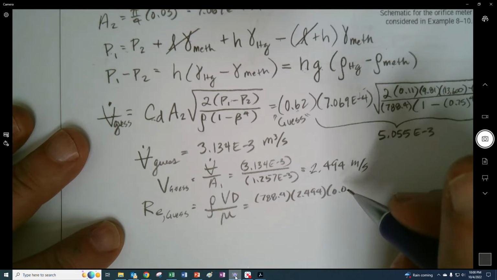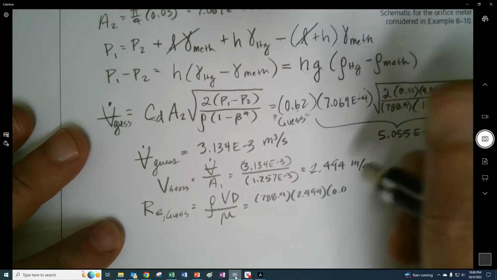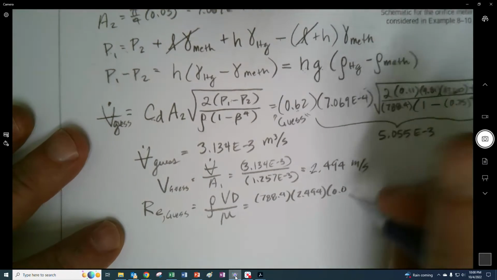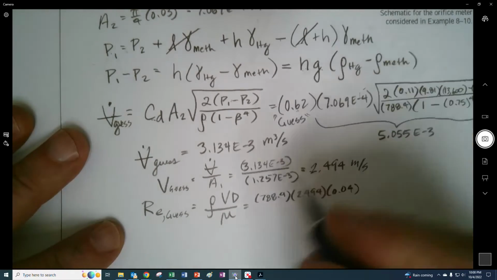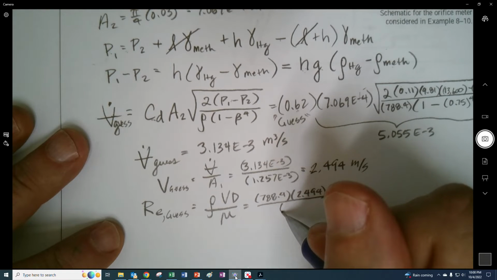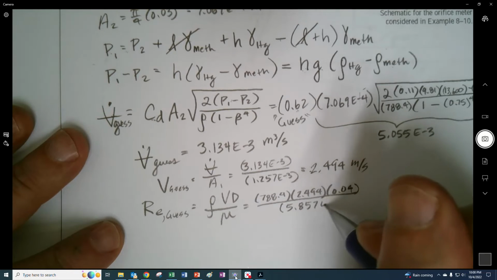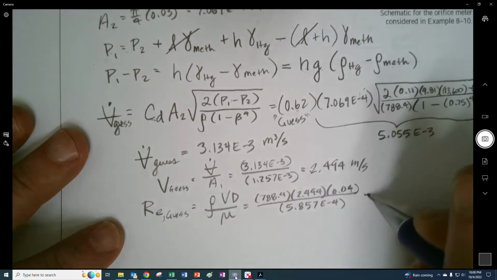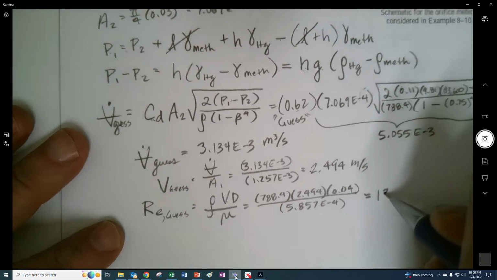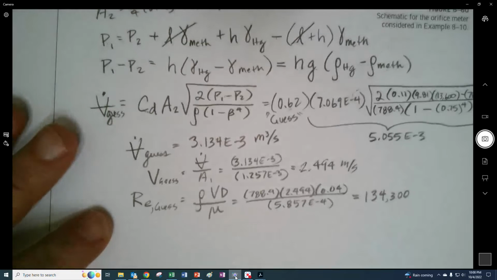So did I do this wrong? It'd be 40 millimeters. No, it's 4 centimeters. Okay, so good, I got that right. Started to second guess myself. And here's the dynamic viscosity that we got, 5.857 E minus 4. So we're left with looks like 134,300 is our Reynolds number.